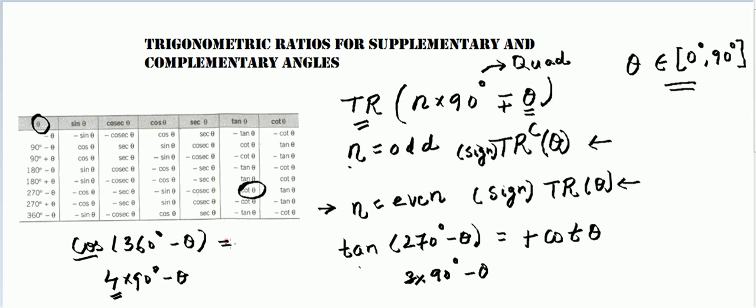So this will become cos theta itself, and this will be preceded by a sign depending upon in which quadrant 360 degree minus theta lies, which is definitely the fourth quadrant. And cos there is positive, so the answer will be plus cos theta. So as you can see, cos of 360 degree minus theta is cos theta. Hope it makes sense to you.